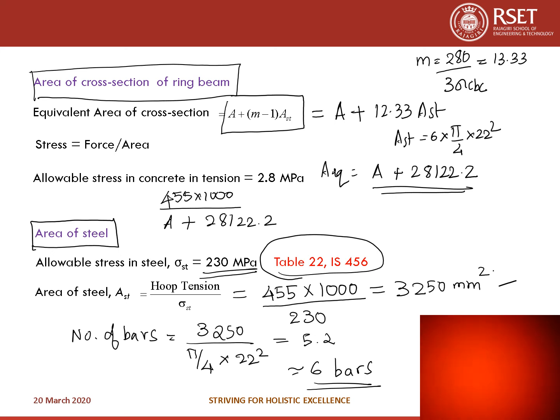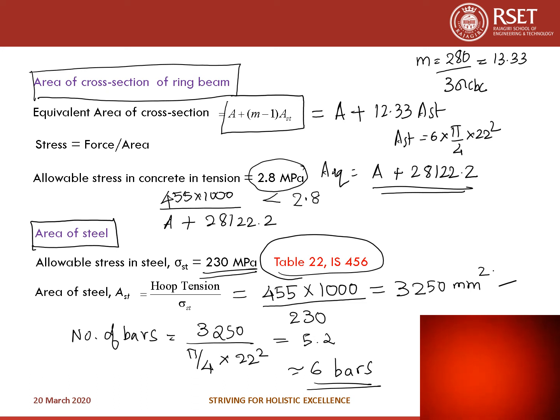The force is tensile in the ring beam. It's very important: this is called the hoop tension in the ring beam, not in the dome. In the ring beam you have tensile stress, and that tensile stress should be limited to the permissible tensile strength of concrete. So this should be less than 2.8 MPa.